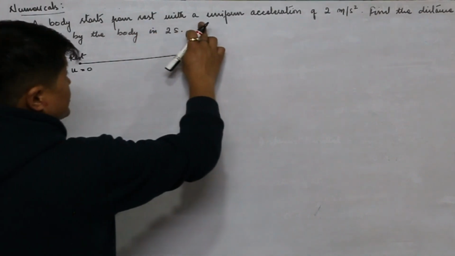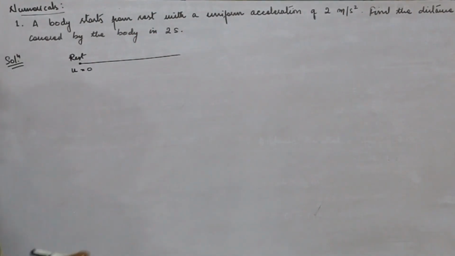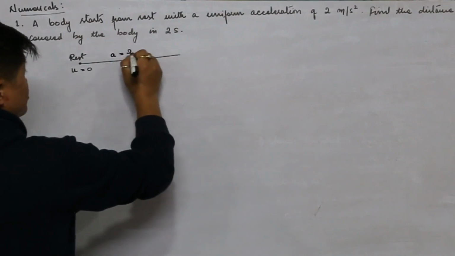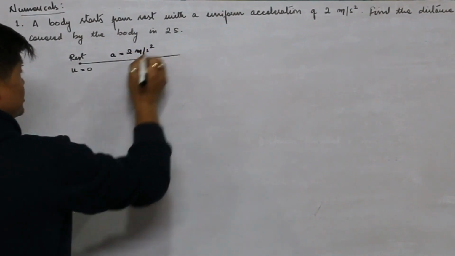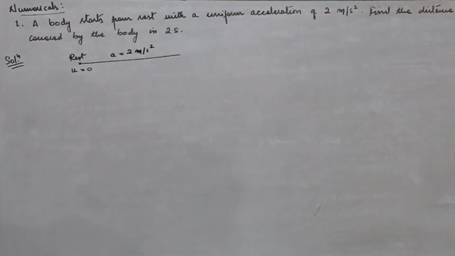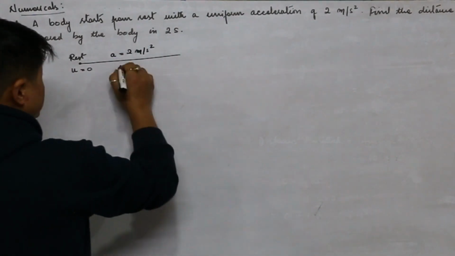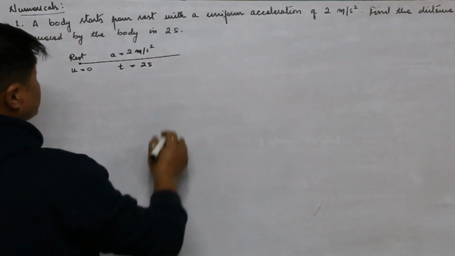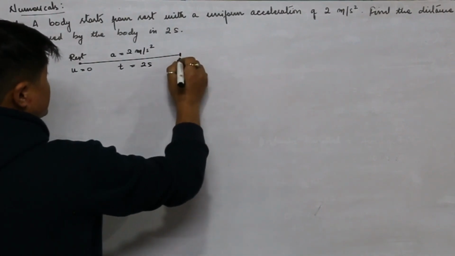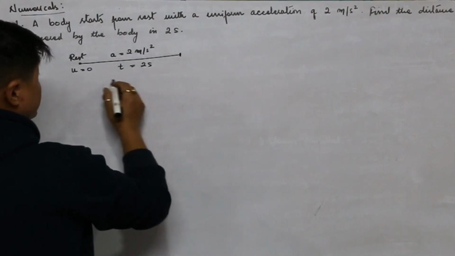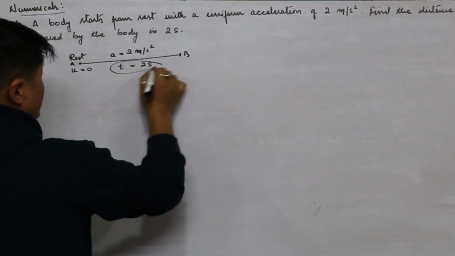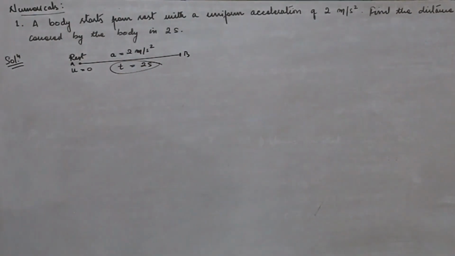With the uniform acceleration given here as 2 meter per second square, the time is also given, 2 seconds. Find the distance traveled. So in 2 seconds, the body is taking time to cover from A to B. In 2 seconds, how much is the distance traveled?